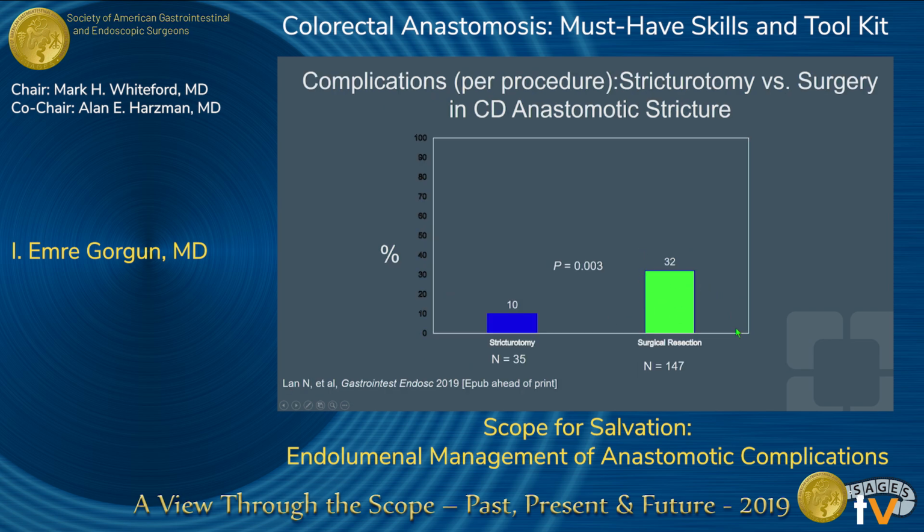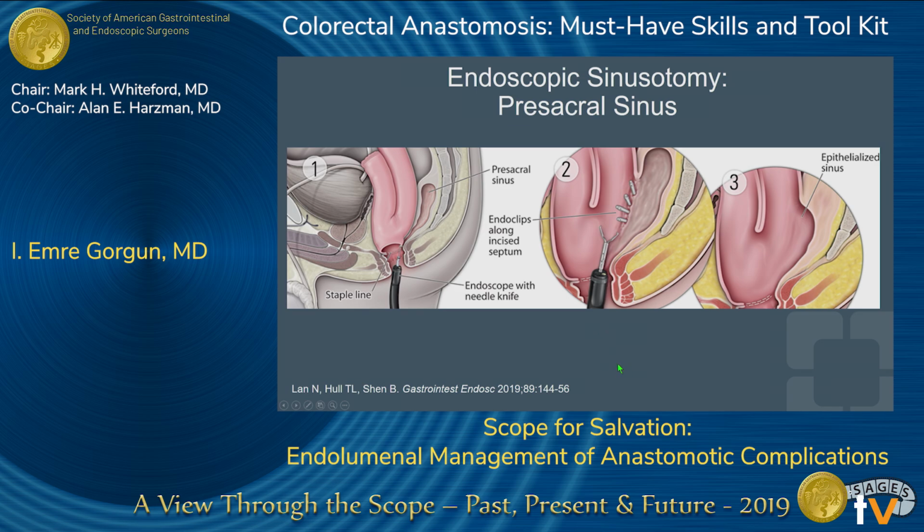However, when compared with surgery, it obviously stays much less invasive. Stricturotomy complication rate was much lower than surgery. So managing complications less invasively, endoluminally, seems to be very attractive.